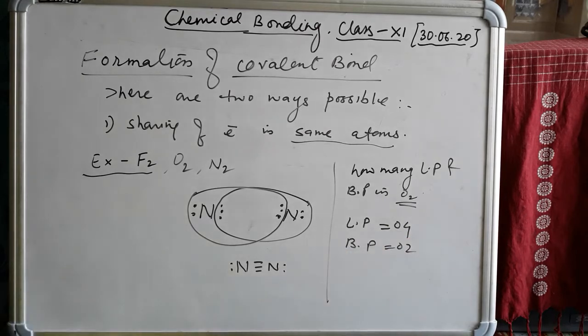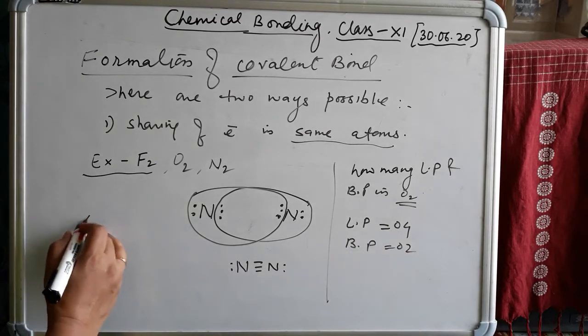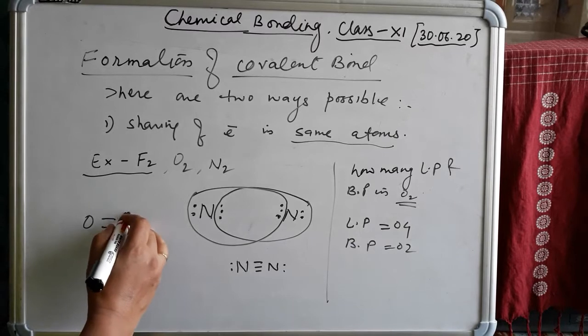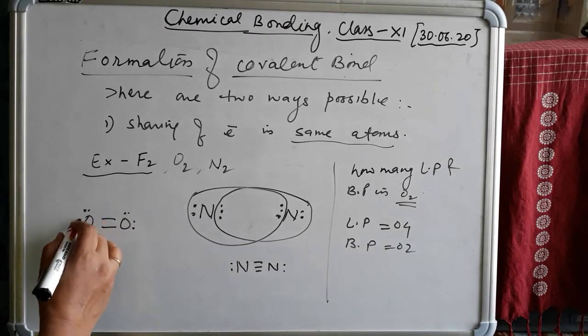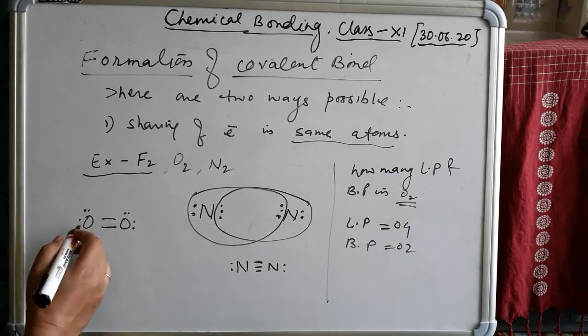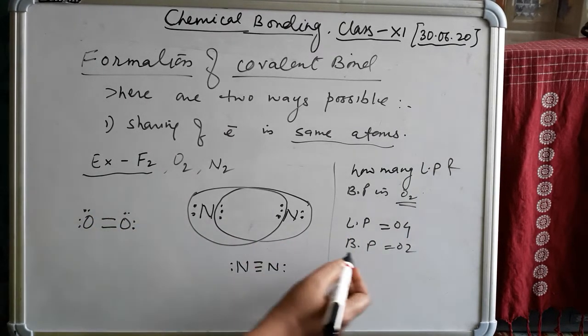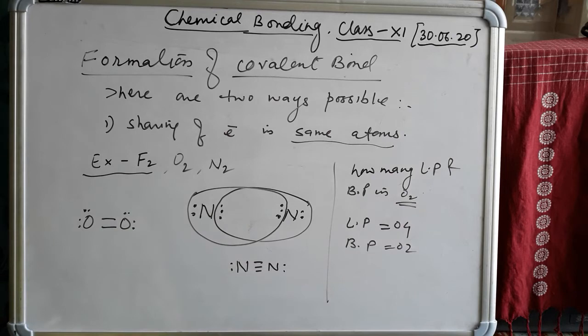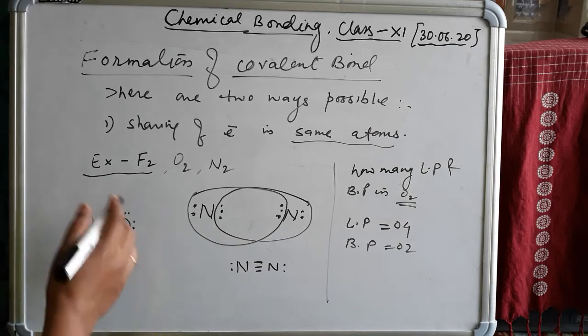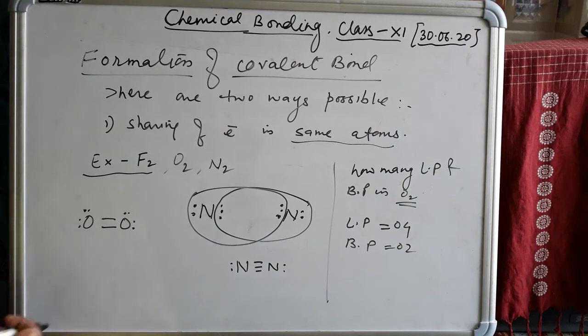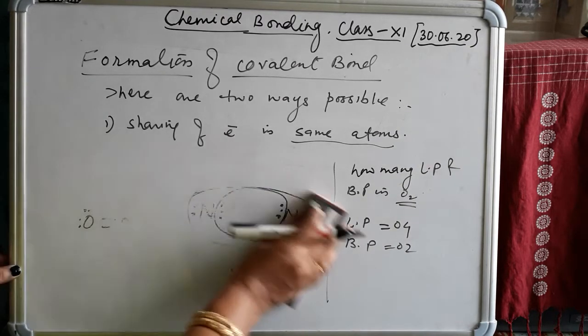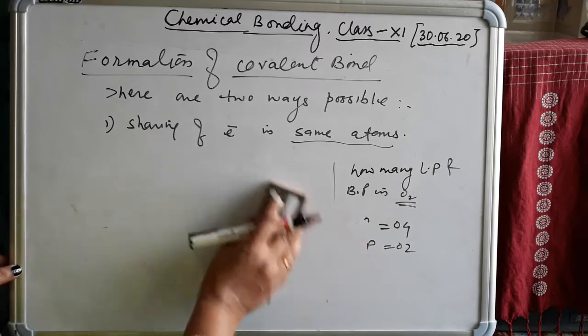You can easily calculate it from the structure formed: 1, 2, 3, 4 lone pairs and 1, 2 bond pairs. So clear your concept about the lone pair. Those electron pairs which do not participate in the bond formation are known as lone pairs, and this is called the Lewis dot structure.